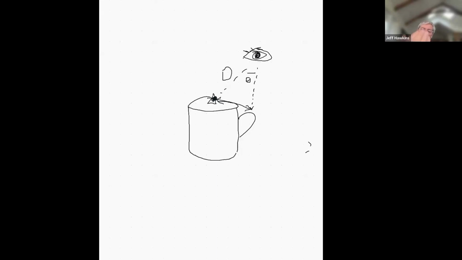Or I can have the same cup at some distance, and it's the same as a small cup, but I don't see it as small anymore. So somehow the brain, maybe in those extra layers in V1, is keeping track of the distance of the thing, which we don't really have in touch. We do have it in vision, and in audition we have a sense of distance.